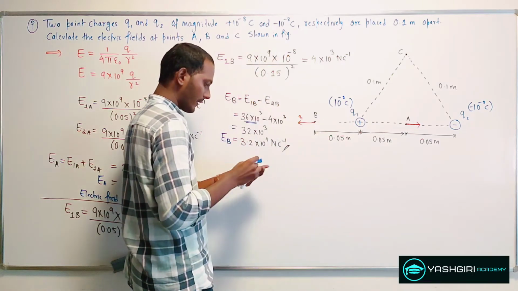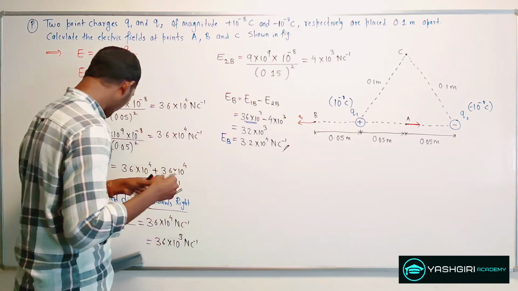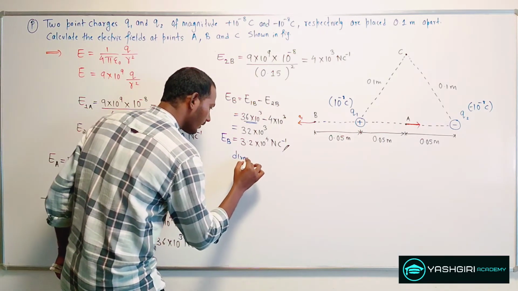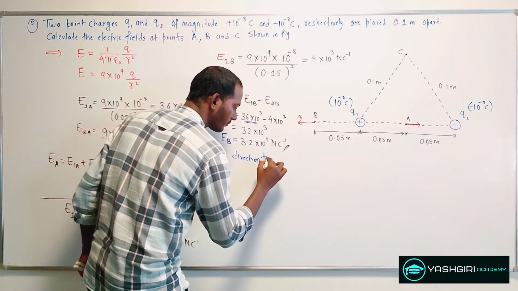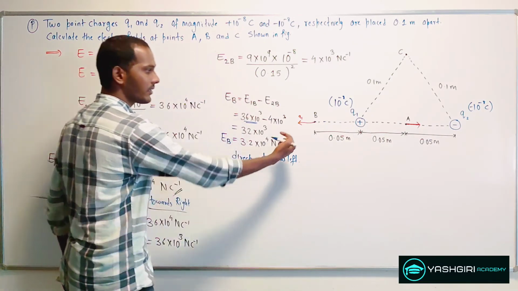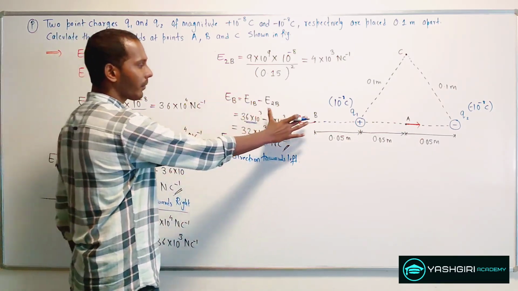So I can say the electric field direction is towards the left. So that's the answer. It will be leftwards. So we have done it for the point B.